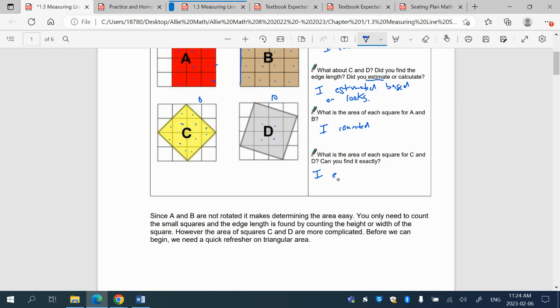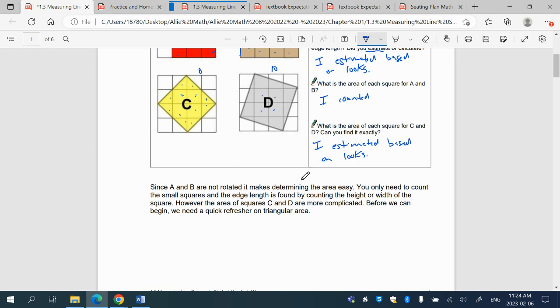I estimated based on looks. Okay, so I gave my best guess, just looking at it. I don't really know if that and that would make up a perfectly covered square. This actually looks like more than a half, so I don't know. I think maybe it'd be slightly over 10, maybe 11, who knows.